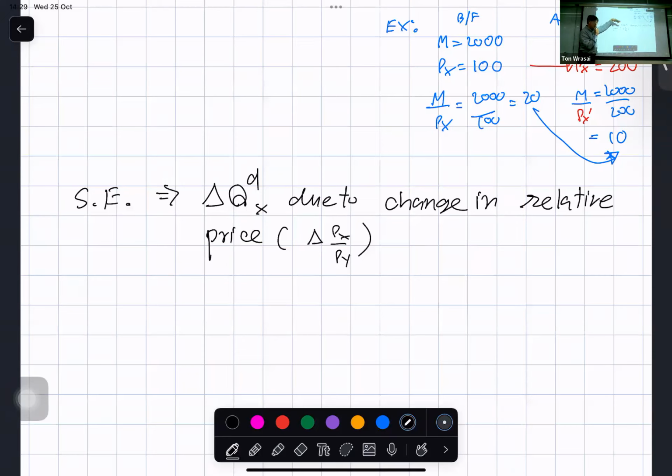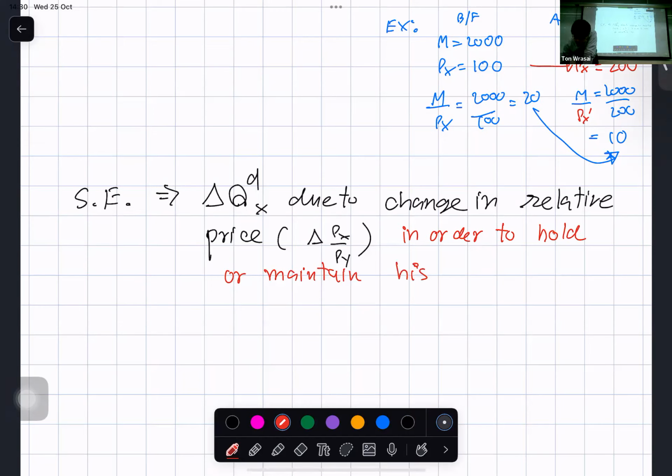You see from the budget line, pizza becomes more expensive. Formal definition, we must add this red statement here.